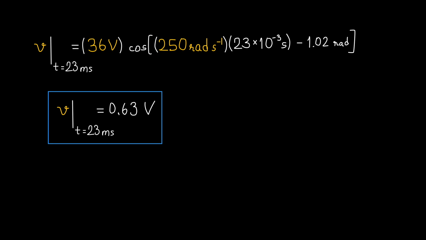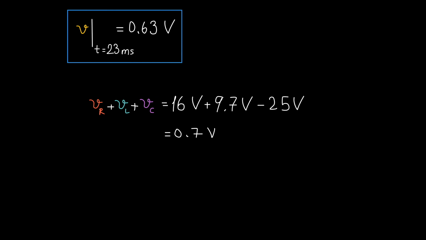We get 0.63 volts for the source voltage at t equals 23 milliseconds. When I add the voltages of the resistor, the inductor, and the capacitor, I get 0.7 volts. By Kirchhoff's loop rule, these actually should add up to the source voltage. In my case, there's a slight difference. I think it's because of my rounding of the values previously.